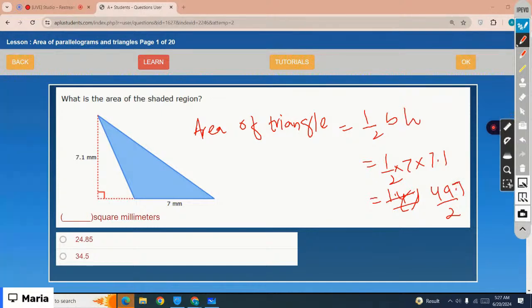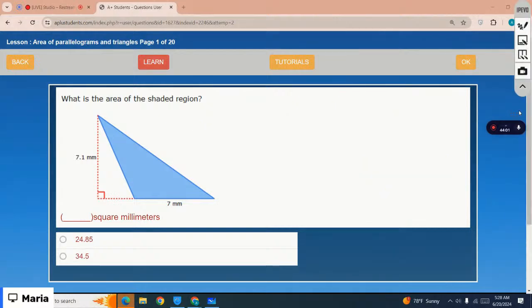So the correct option is 24.5. So 24.5 is the correct option.